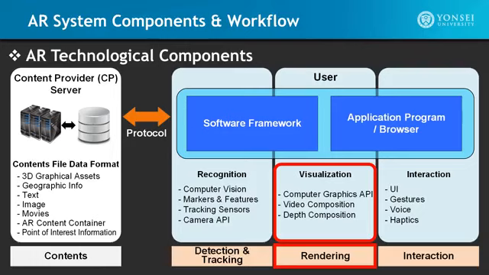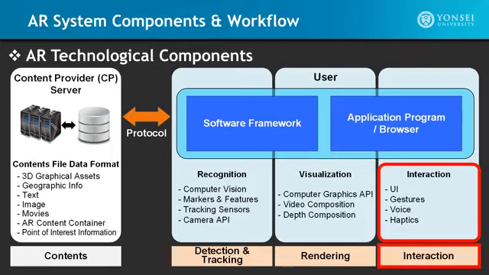This is composed of techniques that support computer graphics API, video composition, and depth composition. Then there's interaction that needs to be done. There's the UI, the user interface, that needs to be designed such that it is comfortable to use and very effective in its features.